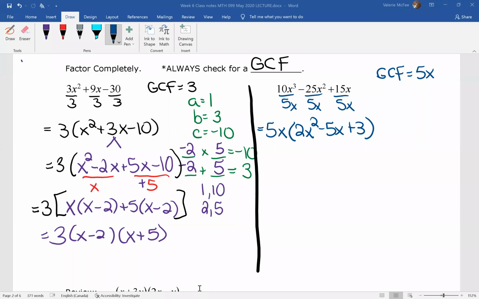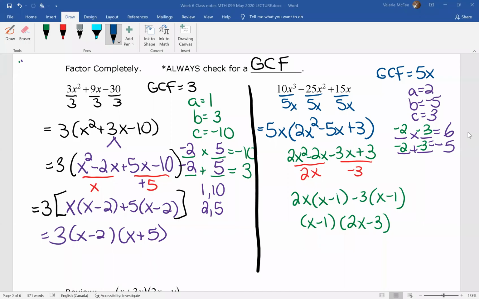When we looked at this trinomial, we saw there was a greatest common factor of 5x. We divided by 5x with each term and wrote that as a product, the greatest common factor times the quotient. We found -2 and -3 were the numbers that gave us a product of 6 and a sum of -5.